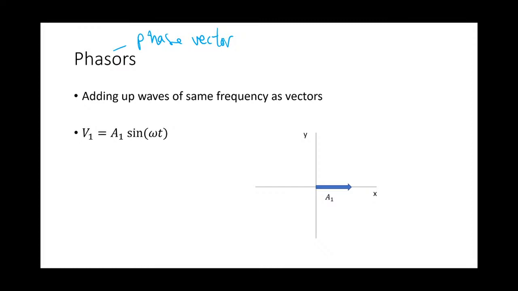But the idea here is that we can represent a sine function or any sinusoidal function as a vector that goes around in a circle, given a certain frequency. And this tool, the phasor, is really useful for adding up waves of the same frequency. We assume that everything has the same omega, which is the case of all the things we're trying to add.